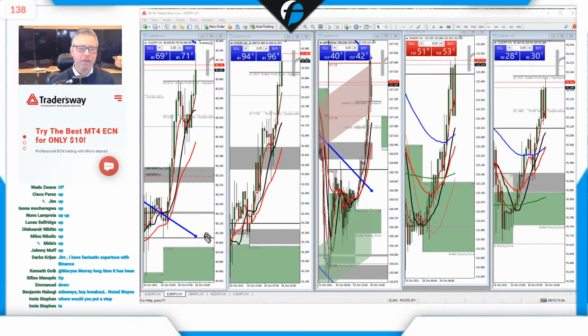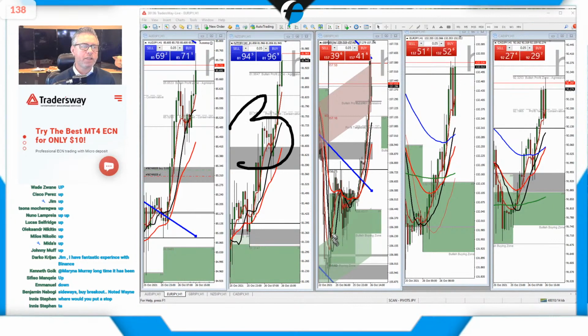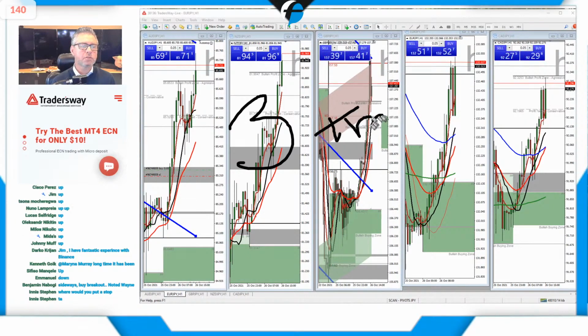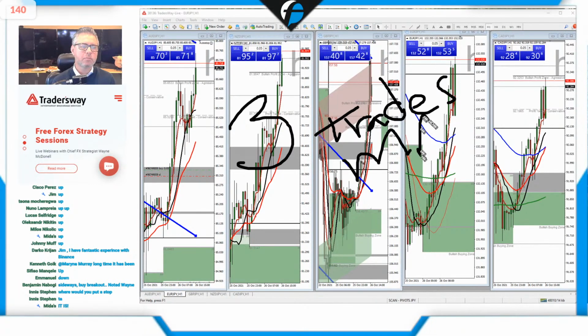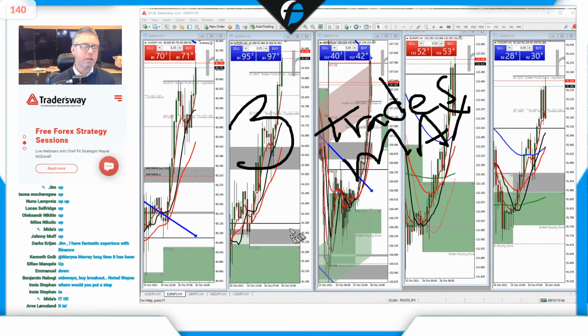I spend hours and hours every day on the group, and it's freaking awesome. So anyways, one of the things we work on is 3 trades a day if it's warranted. 33 pips stop.